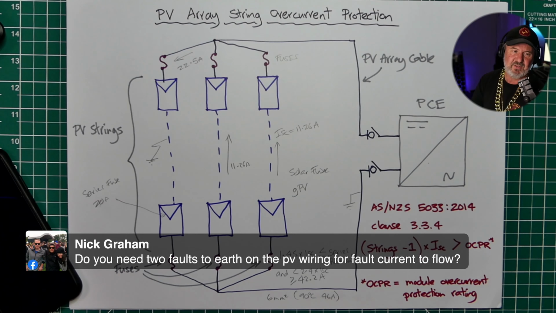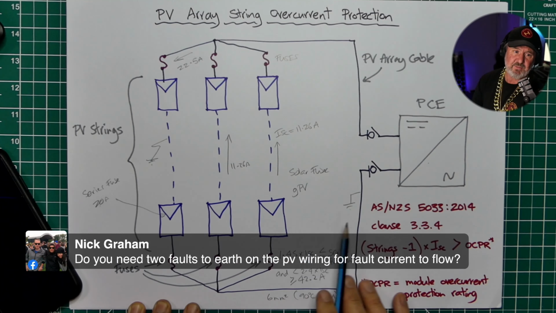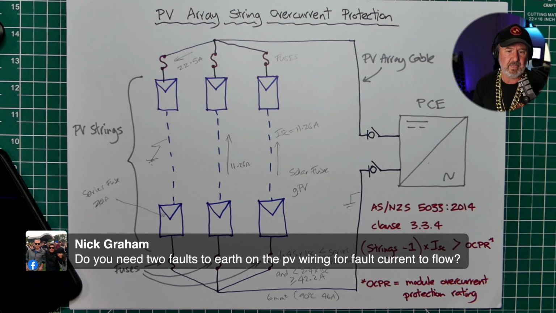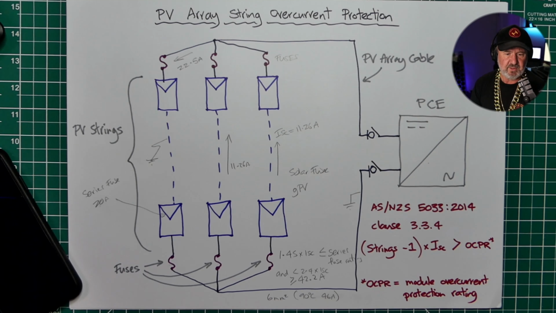That fault condition, in terms of the current flowing within the array, requires a hard earth second fault in the array itself. Sorry, that's a little bit clumsy answer for you, Nick.